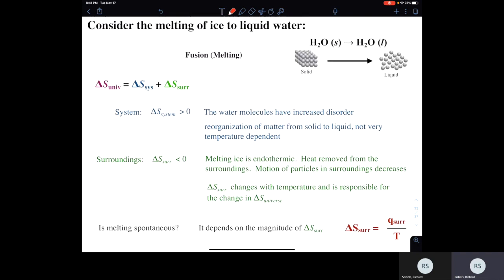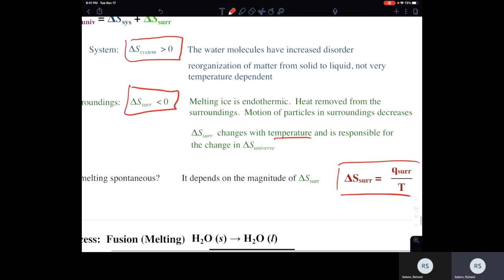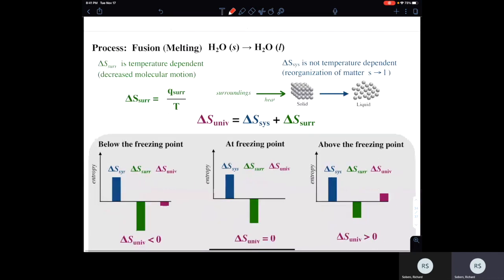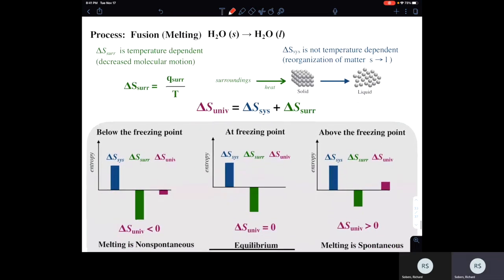So this page, I'm just summarizing here. Delta S of the system will be positive. Delta S of the surroundings will be negative. But this one is temperature dependent because of this equation. So let's just look at the summary of this. Notice that this is not changing. Below the freezing point, you don't expect melting to occur if it's colder.